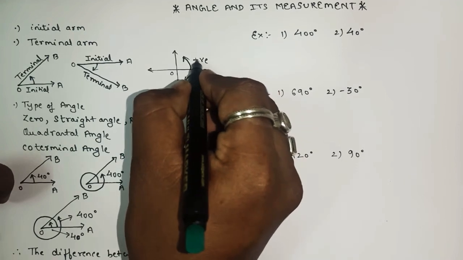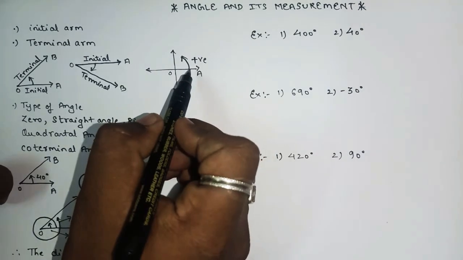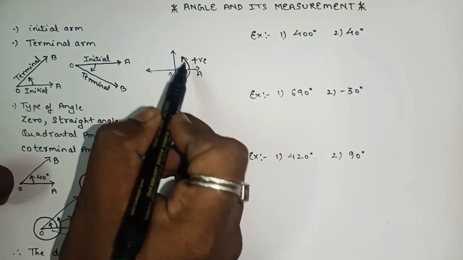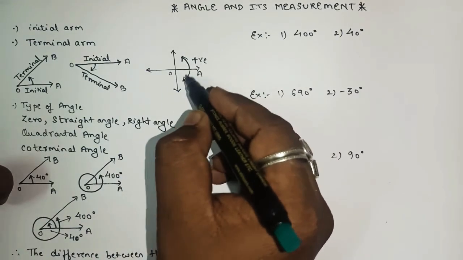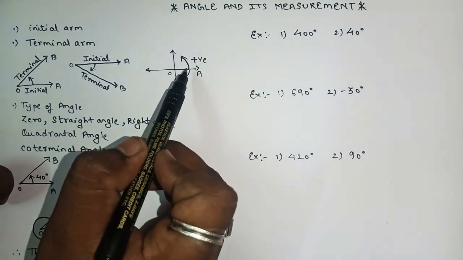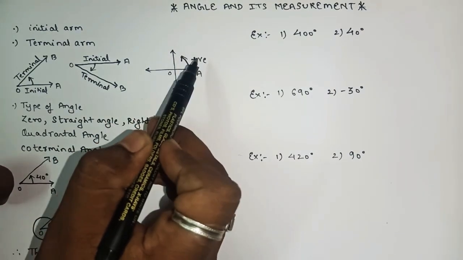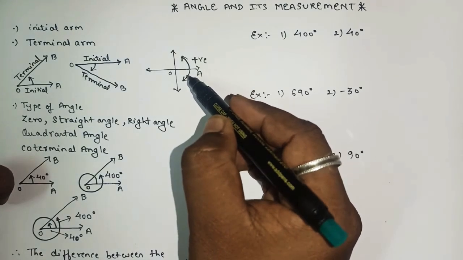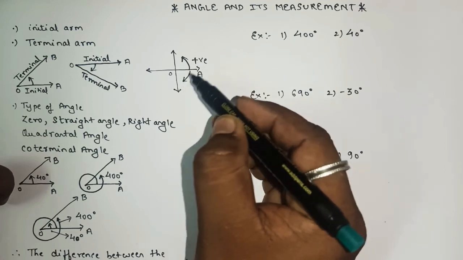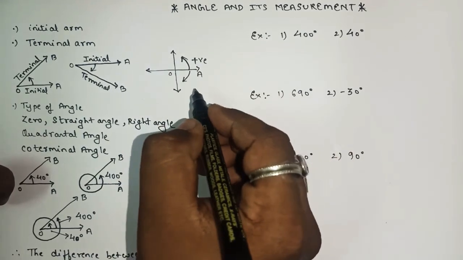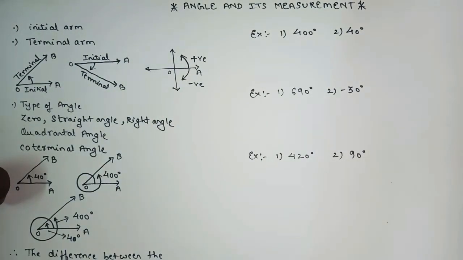I hope you all know about this, as it was there in geometry and trigonometry, yes or no? When a ray rotates in the clockwise direction, the angle so formed is taken as a negative angle. I hope you all know these basic things, yes or no?